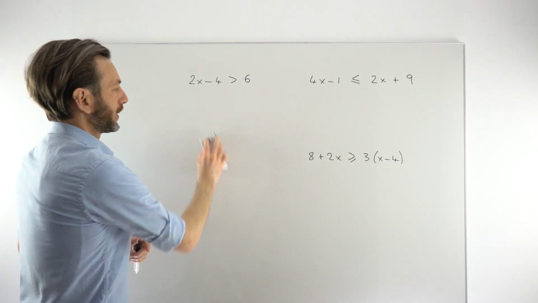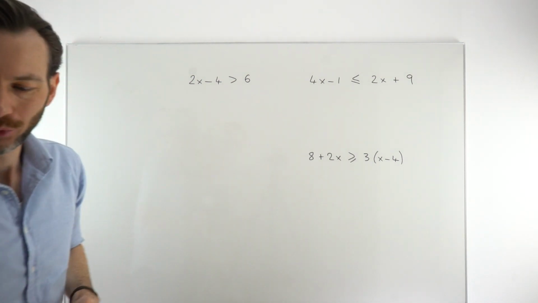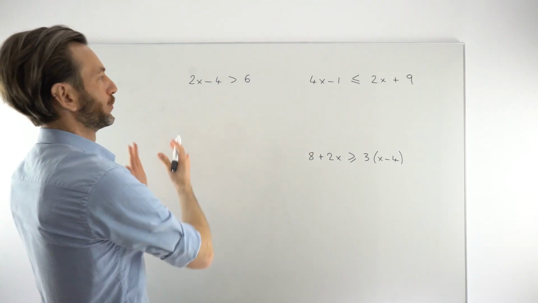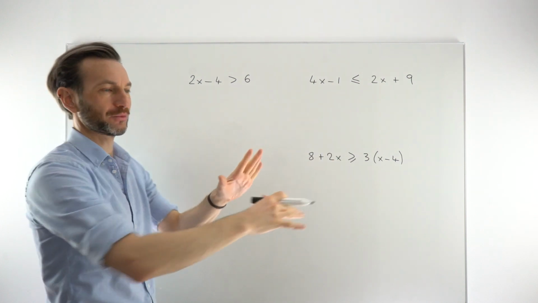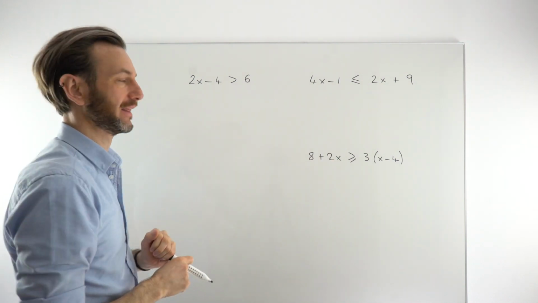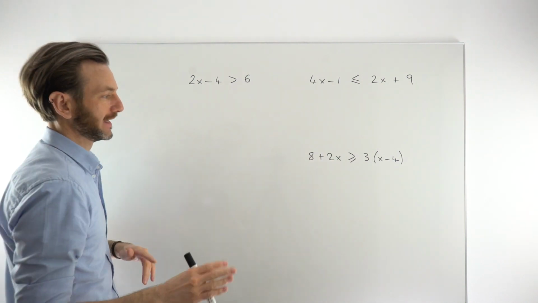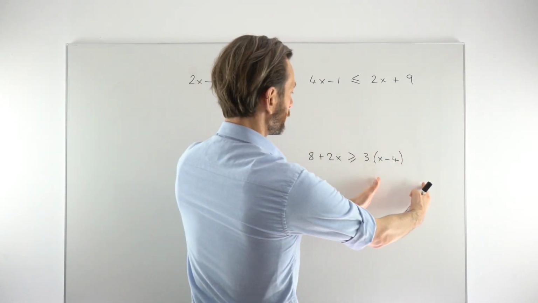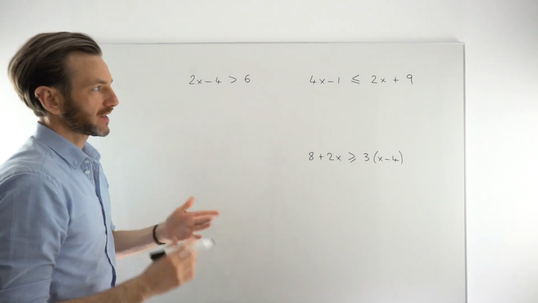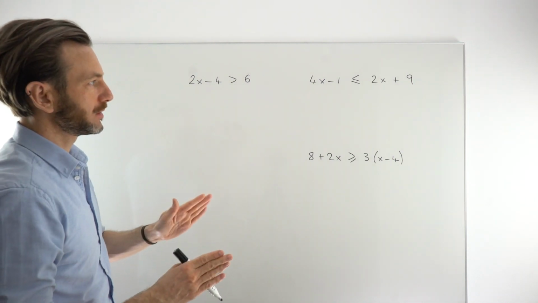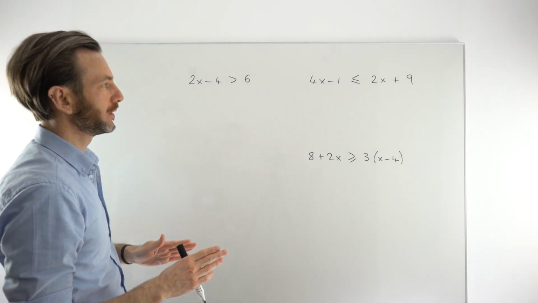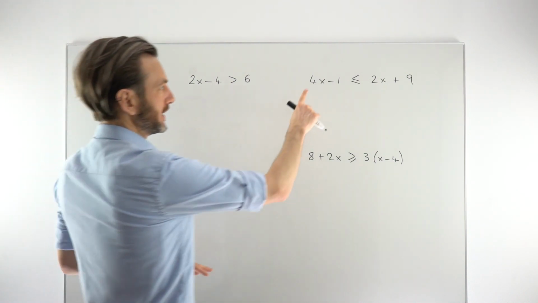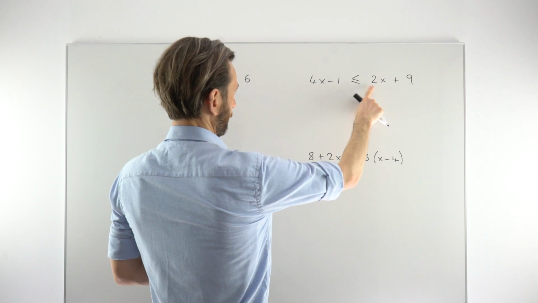Okay, so let's take a look at how we actually go about solving these. The process really is just like an equation. We're going to gather all the x terms on one side, all the number terms on the other side, and then usually divide at the end. Like an equation, it doesn't matter if you take your x's to the left or to the right. With these, the bigger rule, the thing you want to keep an eye on more so than with an equation, is trying to keep your x term positive.